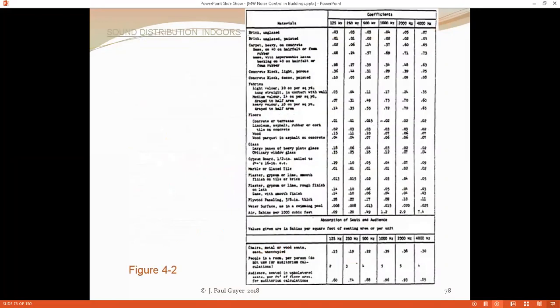From a building design standpoint, your job is to design the barriers, the floors, ceilings, and walls between the source room and the receiving room, that will achieve the sound reduction that you want.